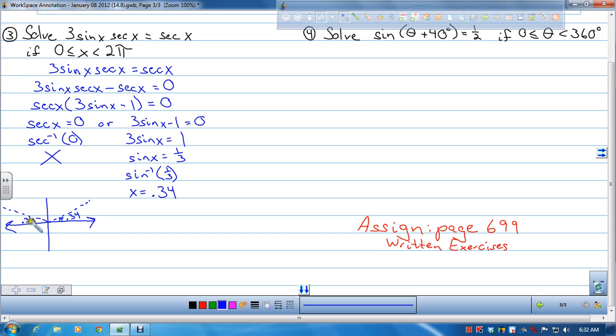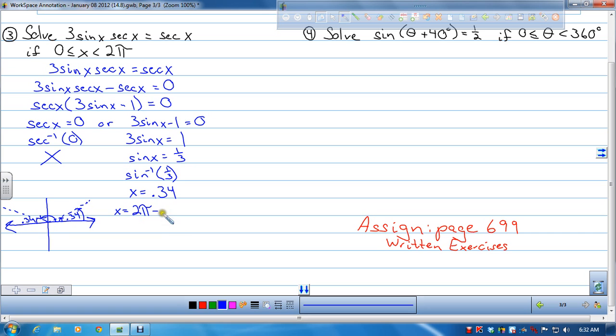So you have to go over here, and so I'm finding this value, which is 0.34, but then I need to find that value to that reference angle over there. Therefore, in order to find the other value of x, I would have x is equal to, if I were to go all the way over, that's 2 pi, right? Well, I didn't quite make it all the way over.